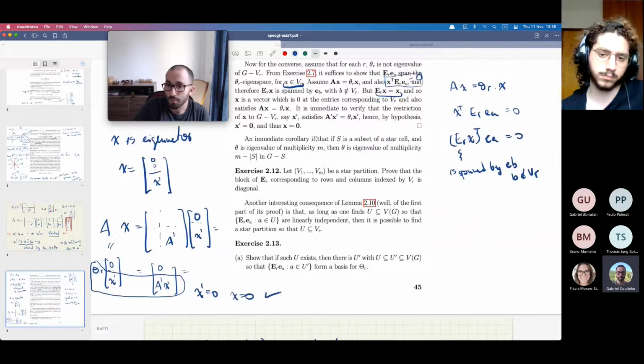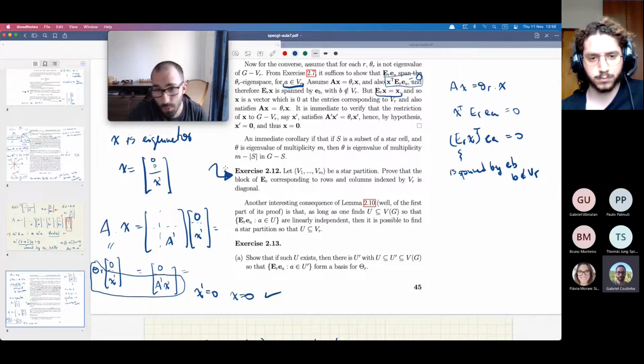But now, this is also a very nice exercise, which you guys could try. It's not supposed to be difficult. If you have a star partition, you have to show that the block of VR, which correspond to the rows and columns indexed by this thing, is actually a diagonal block.